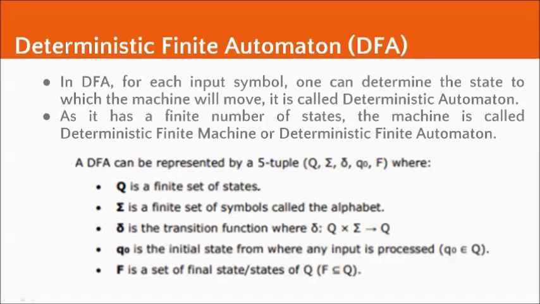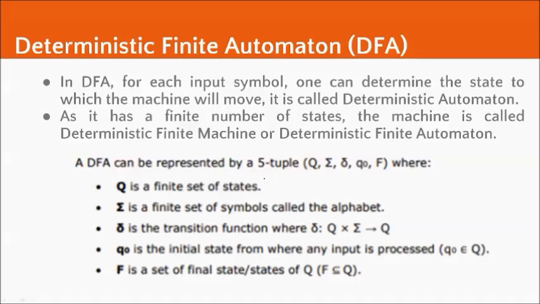So now let's discuss the deterministic finite automaton, or what we call the DFA. It is called the DFA because it can determine the state to which the machine will move. There are a finite number of states, so that is called the DFA, or deterministic finite automaton.